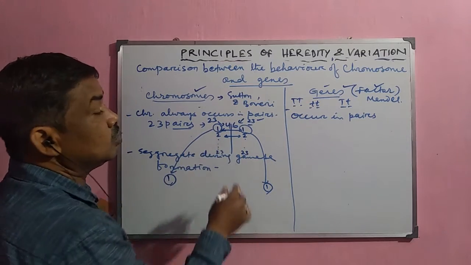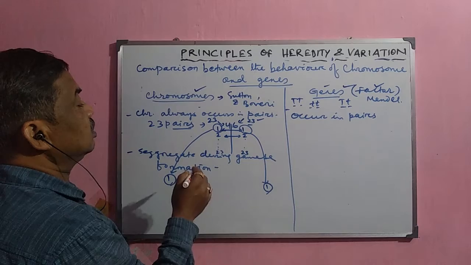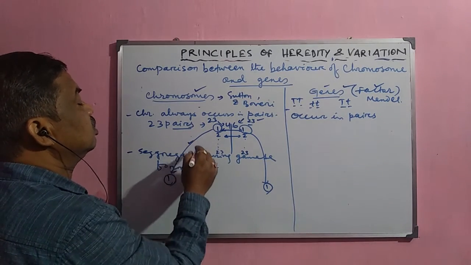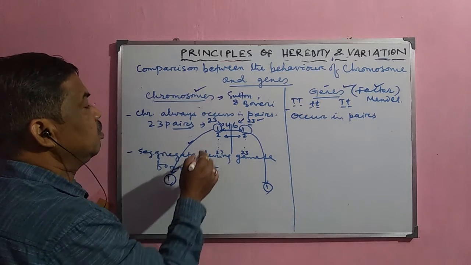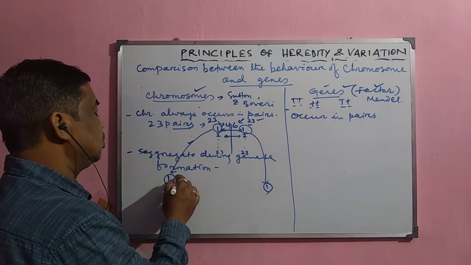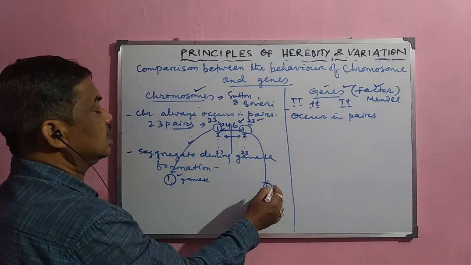So never do these two go to one gamete. That is why this is called segregation of the chromosomes during gamete formation, so that one set of chromosomes goes to one gamete and another set goes to another gamete.